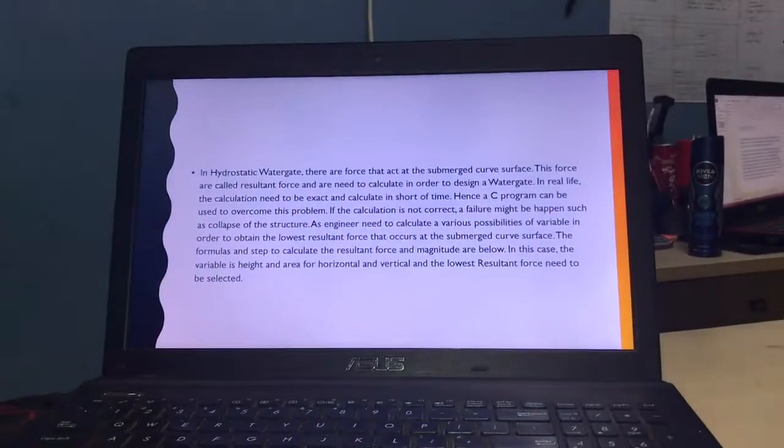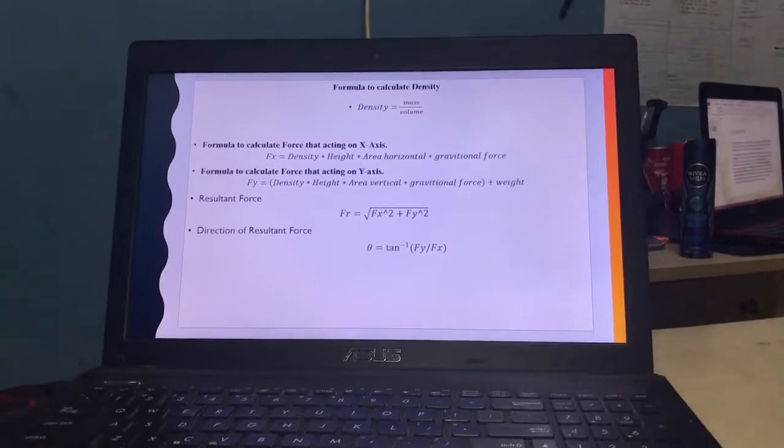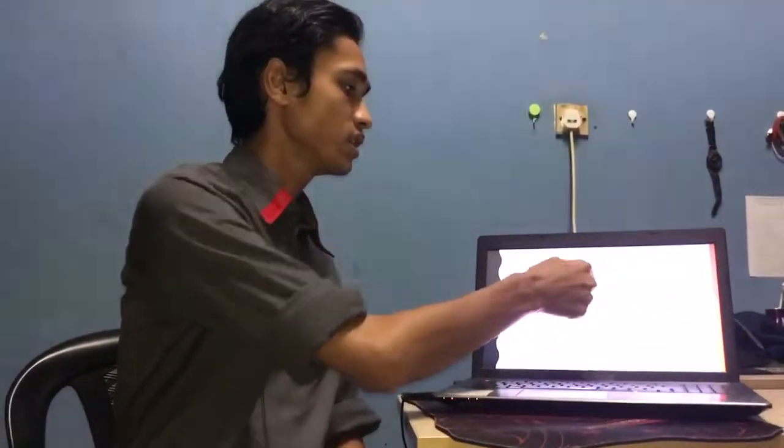For the first step, we need to calculate the density of the liquid, where density is equal to mass divided by volume. For the second step, we need to find the force acting on the x axis and y axis.